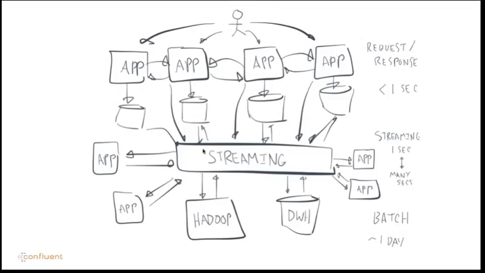The architecture we have in mind is a little different from the picture I showed before. It looks like this, where you have some type of streaming platform that's able to integrate a lot of these data systems and applications. It's solving that n-squared integration problem by putting something in the center that's able to hold these streams and connect them without everything having to directly connect to everything else.